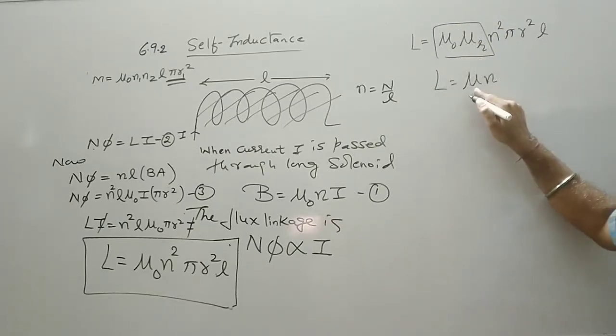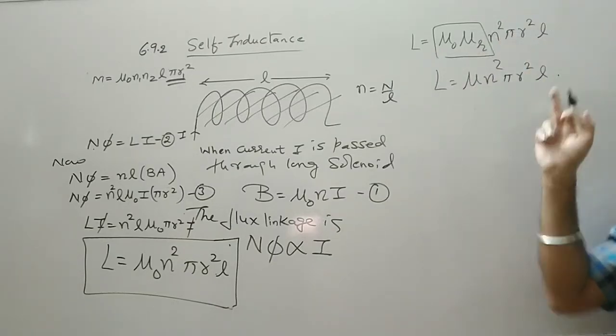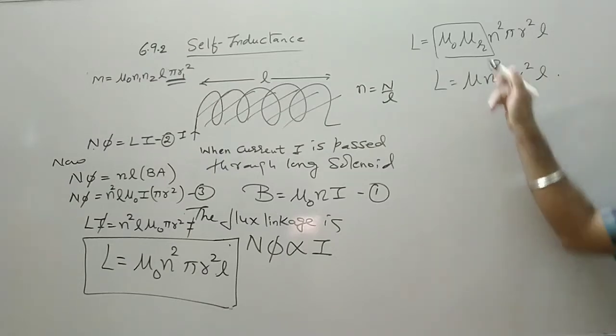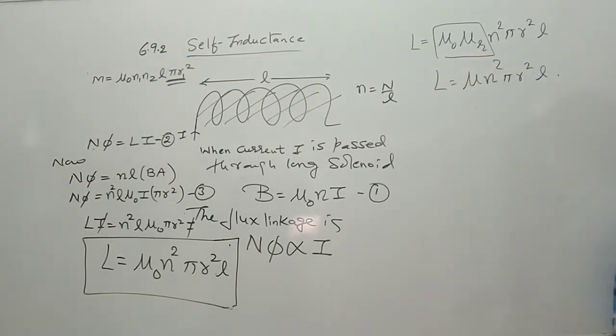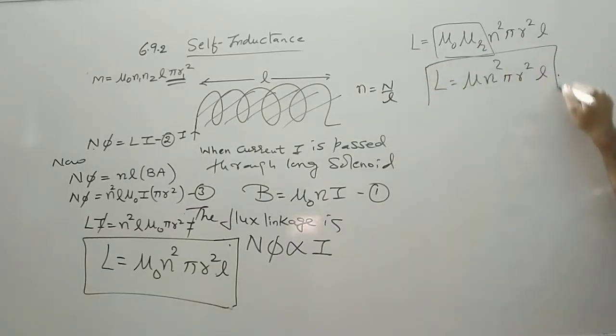Like the permittivity of the medium, now we have the permeability of the medium. So if the medium is not vacuum, there we have a dielectric constant. Here we have relative permeability, which we have discussed in the previous chapter also. So this is the case.